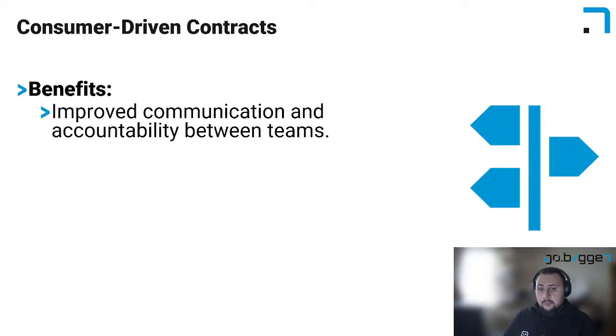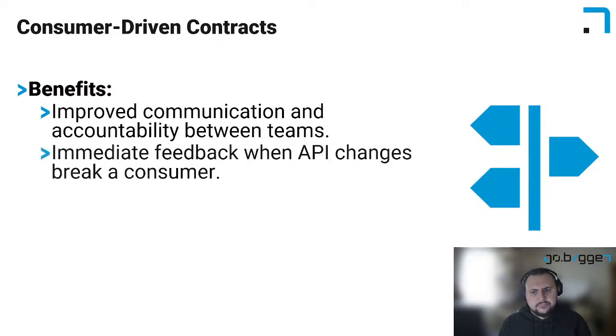We have improved communications in terms we sit down and talk to each other and verify that everything is written down in the best terms for both parties, as well as accountability, because once you write down your contract, you are liable for the stuff that happens afterwards, right? In this case, it's also some sort of ownership that gets created for both parties.